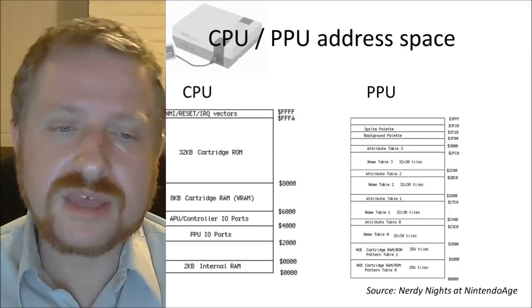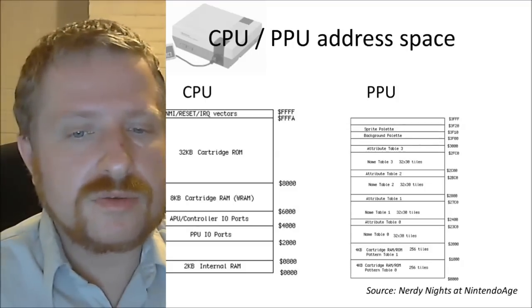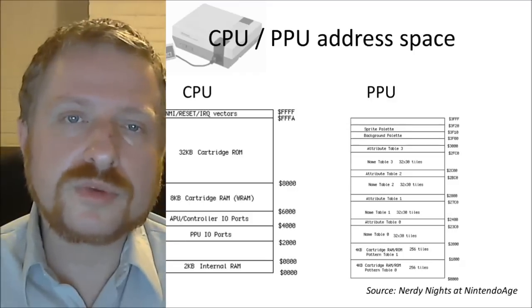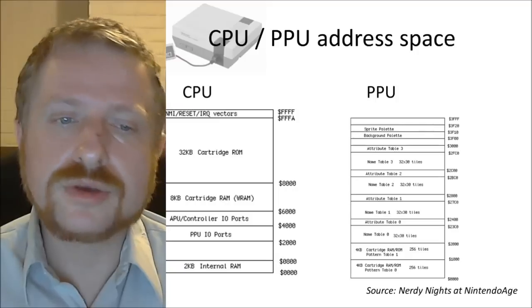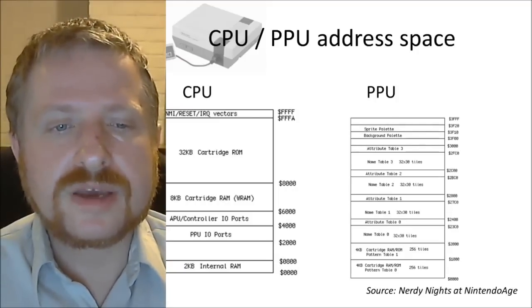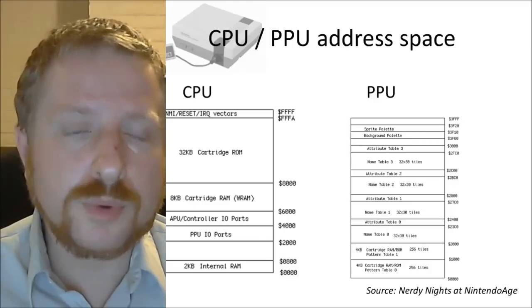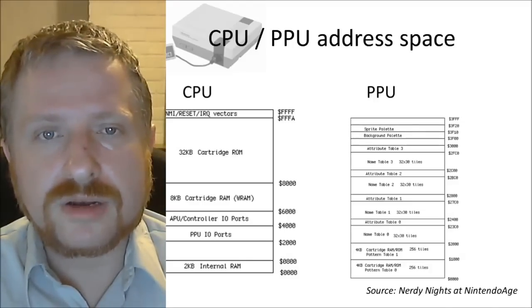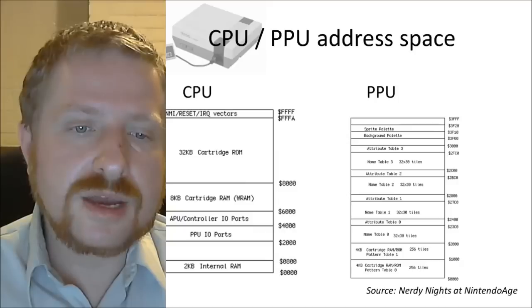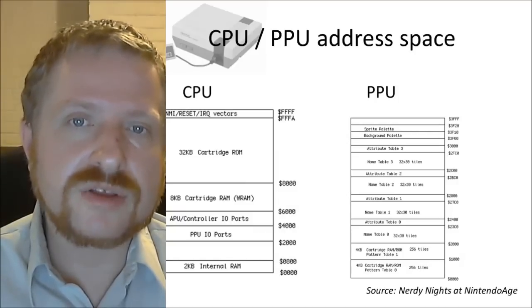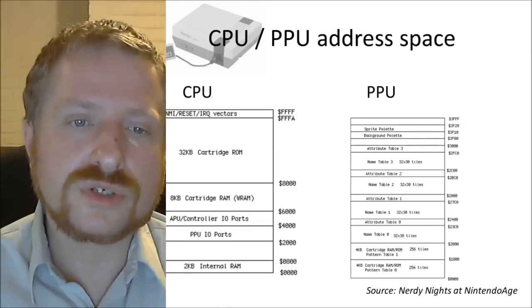At address $2000, you have your PPU ports, which you use for writing to the PPU. On top of that, you have the audio processing unit and controller ports for writing to those. And then you have the cartridge WRAM, things like the save games. And then finally, you have the game code itself, the cartridge ROM.